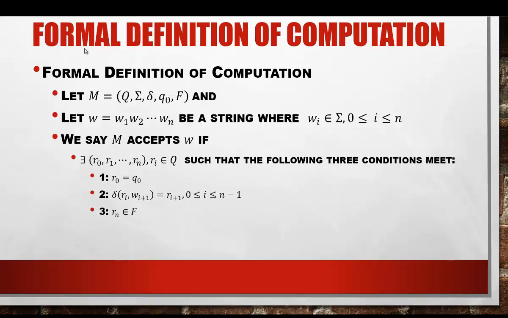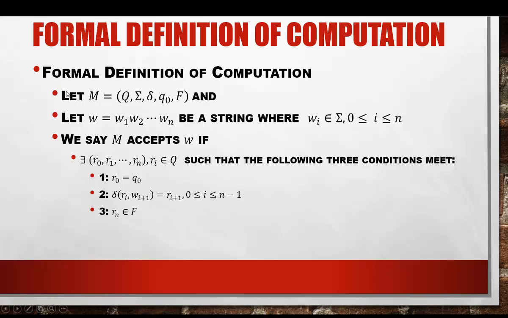The second is that R sub n, the last state in this sequence, belongs to F, one of the accept states of my finite automaton. And the third is that for every R sub i and W sub i plus 1, the next symbol of my alphabet takes me to the next state in the sequence.